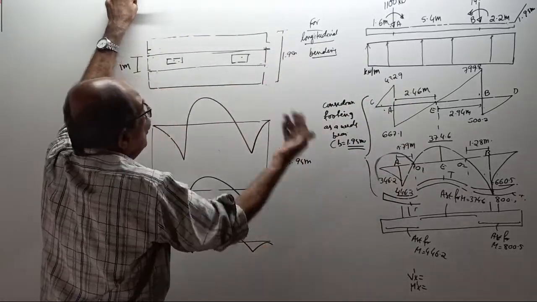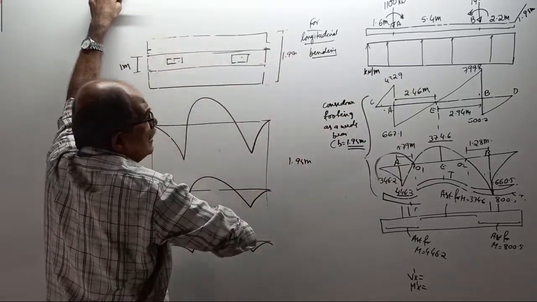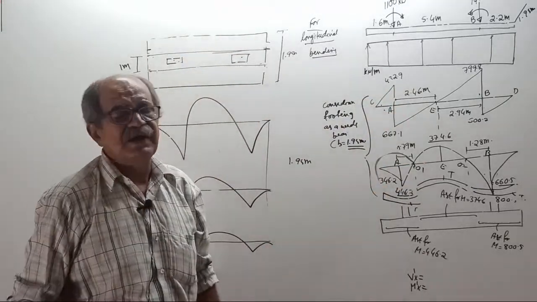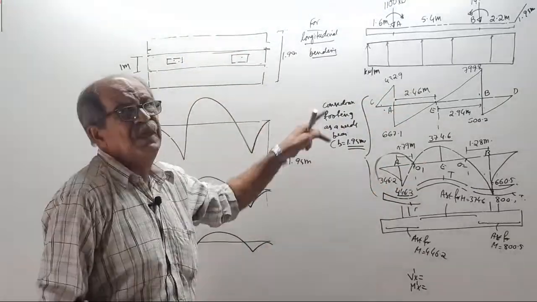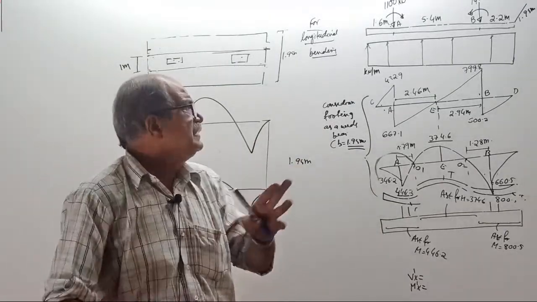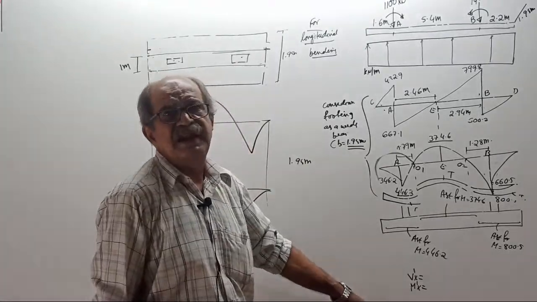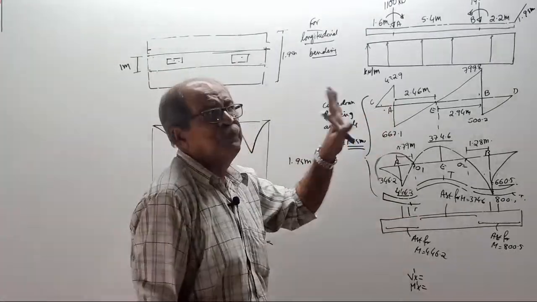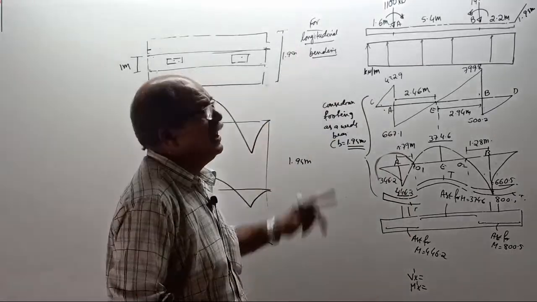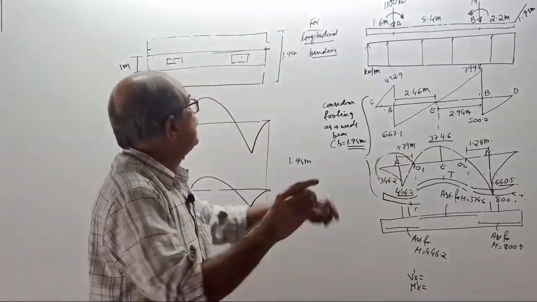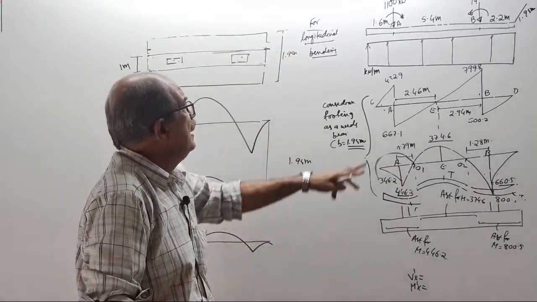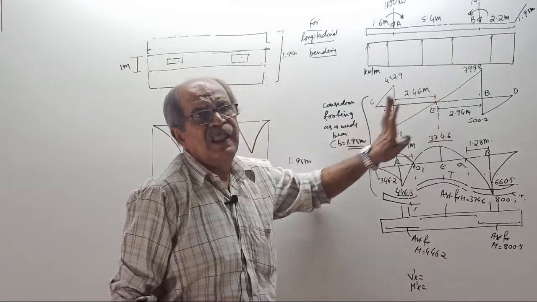Suppose you consider the load only for 1 meter, your SF and BM values will be more or lesser? This is the SFD and BMD for the load due to full width. Whatever pressure intensity is there, we multiplied by 1.95. But if you multiply with only 1, that is, if you take a strip of 1 meter width here, will the shear force and bending moment be more than this one or less than that one?